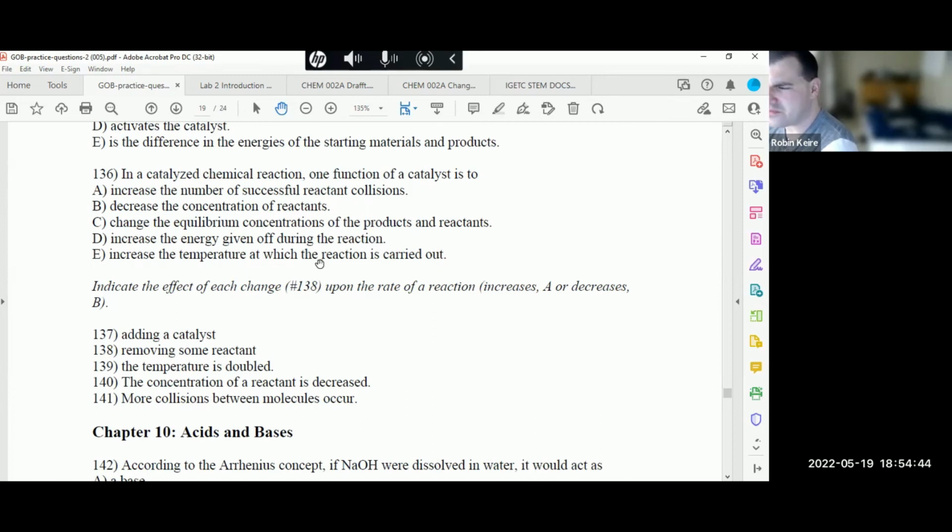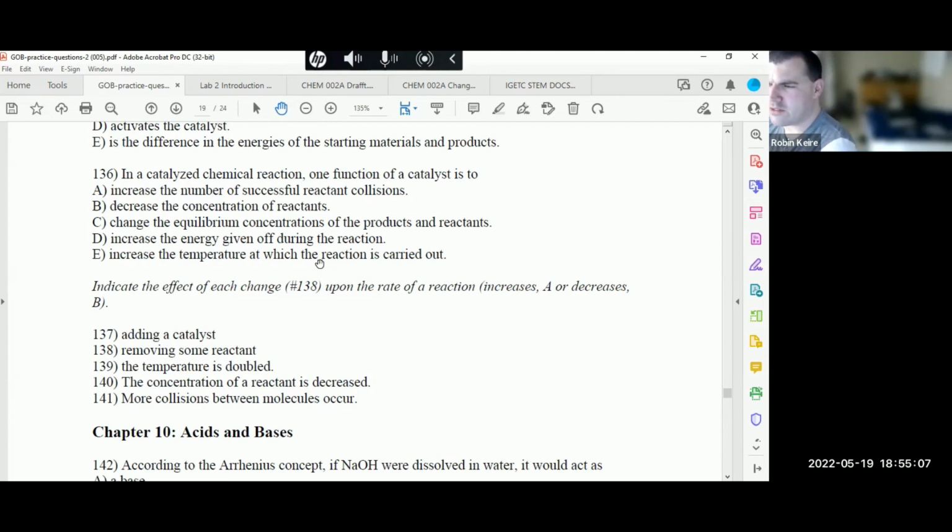And then not every reaction is going to be an equilibrium reaction, and increasing the energy is the antithesis of a catalyst.